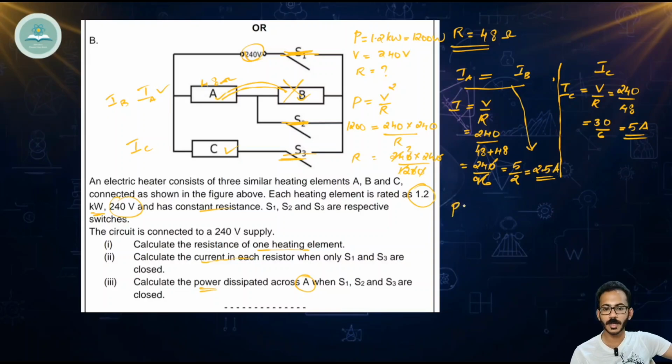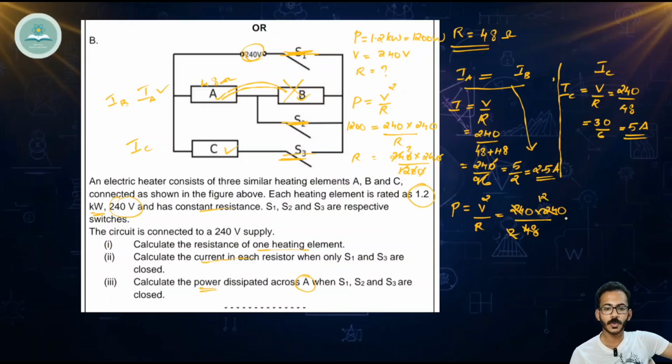We know the equation, power is equal to V square divided by R. That is equal to V square, the potential difference across A, which is the same as the total potential difference, that is 240 into 240 because it's square, divided by the resistance 48. 24 goes 2 times in 48 and 2 goes 12 times in 24.